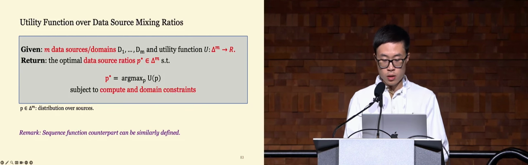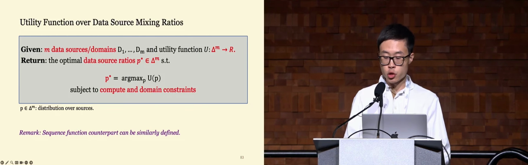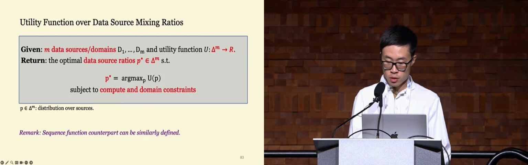Okay, so far we only discussed the case where each input unit to the utility function is a single data point. However, as mentioned in the last part, it can also be other units such as a data source or an individual token.